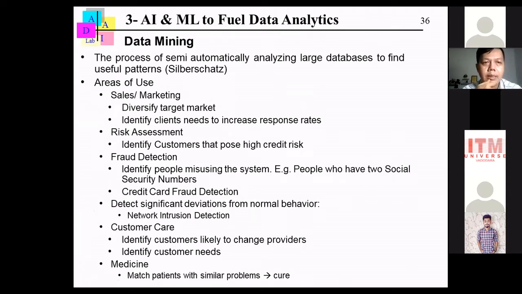It means the process of semi-automatically analyzing large databases to find useful patterns. There are a lot of areas of use, for example sales, marketing, risk assessment, fraud detection to detect significant deviation from normal behavior, customer care, or medicine.